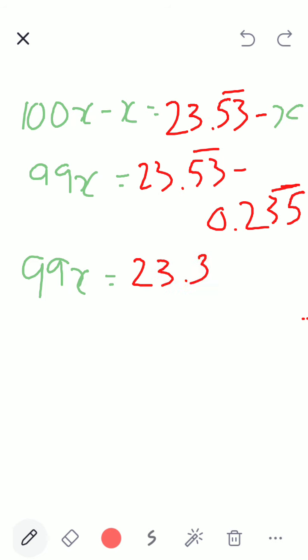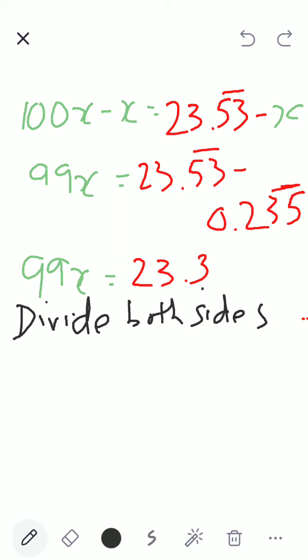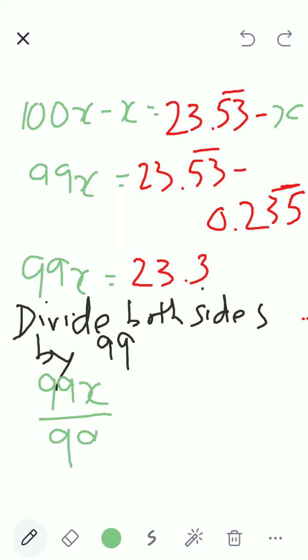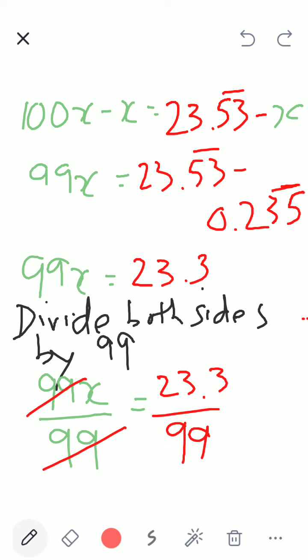So again I will divide both sides by 99 because I want to make x alone. Children, don't write bag in the exam, write sides. So you get 99x divided by 99 equal to 23.3 divided by 99. How do I write 23.3?